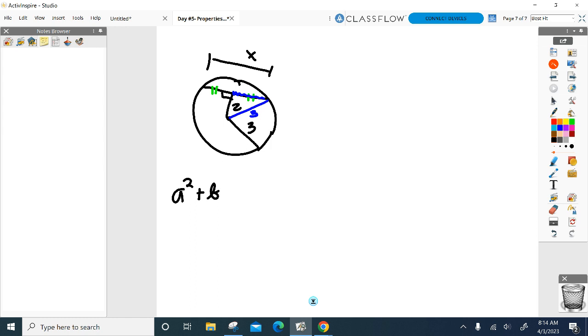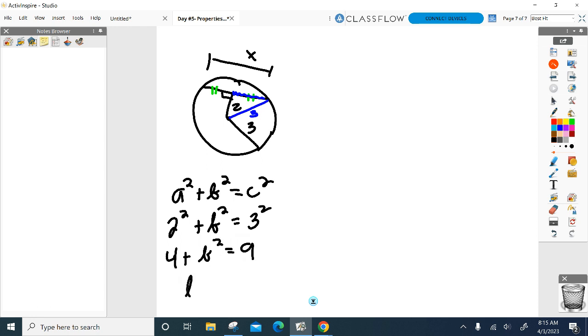We'll do the theorems here at the end. Let's just find x first. So 2 squared plus b, the leg, squared, and the hypotenuse is across from the right angle. That's going to be 3 squared. Move the 4 over by subtracting it.